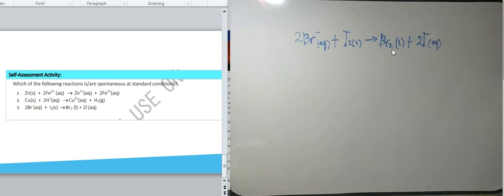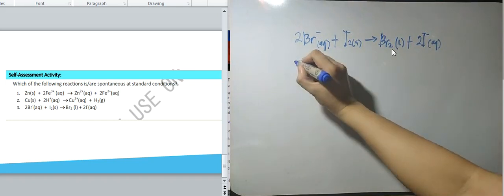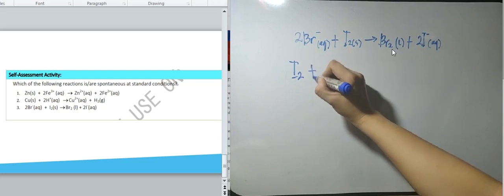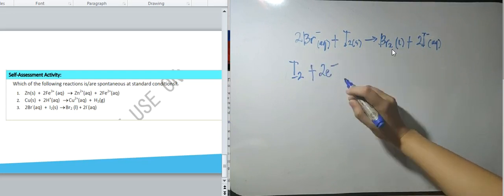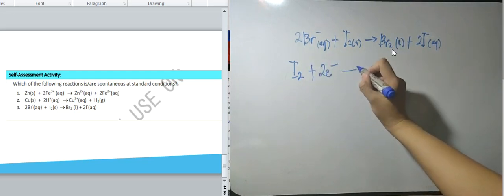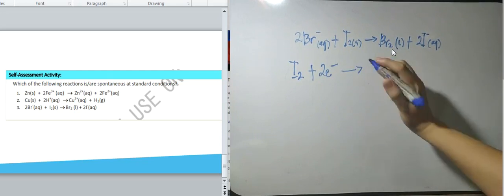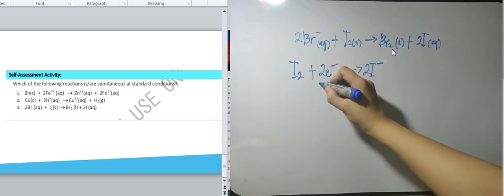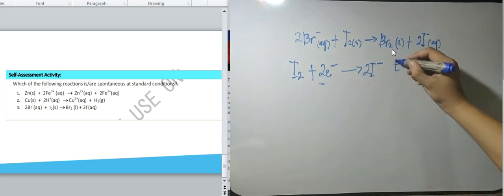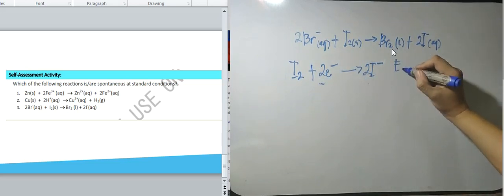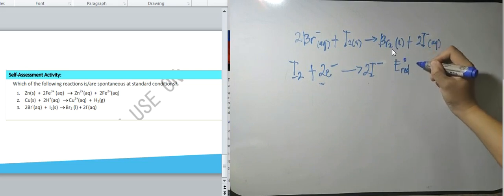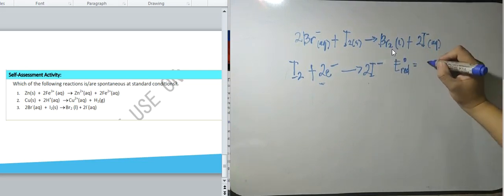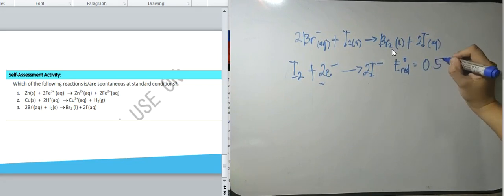So we have I2 plus 2 electrons will yield to 2I negative. So it is reduction. So for the standard reduction potential, we can find the value. We have 0.54 volts.